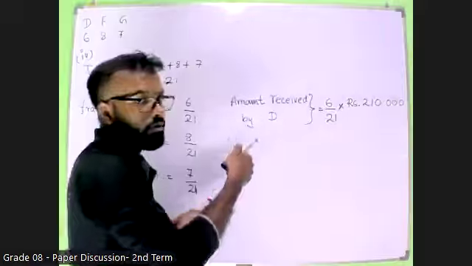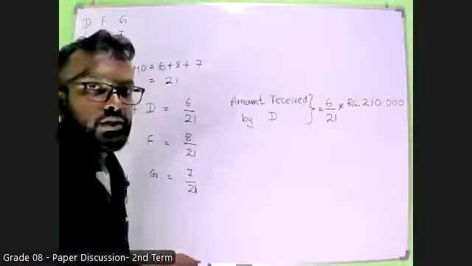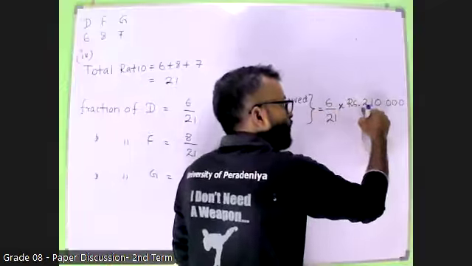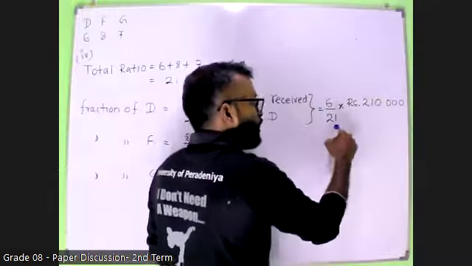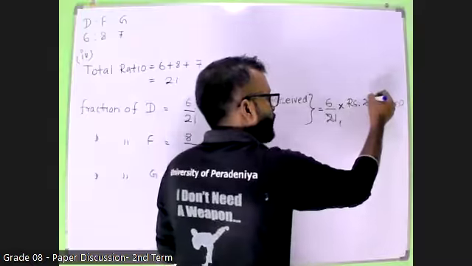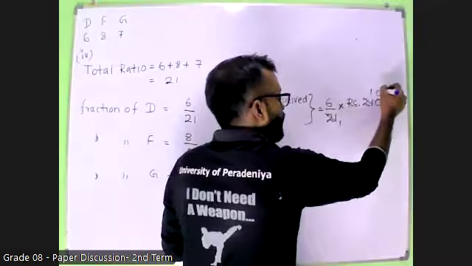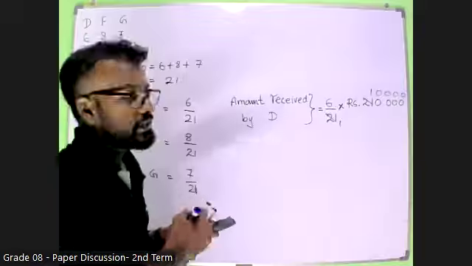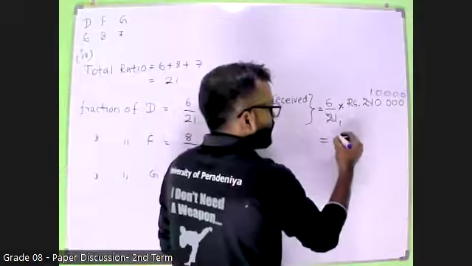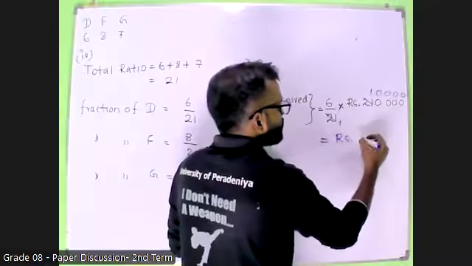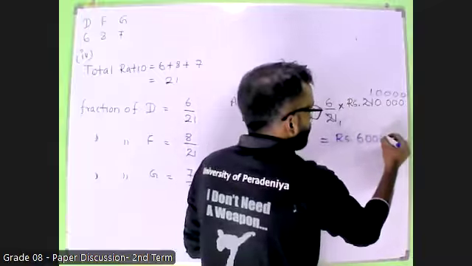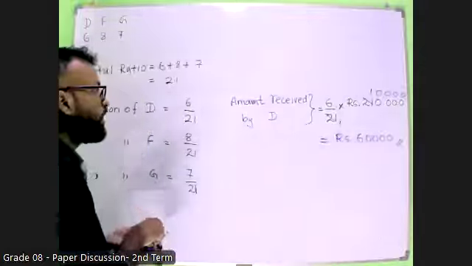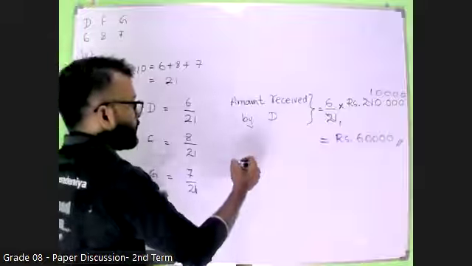Very easy, right? 21 and 21, you can simplify it. If you divide 210,000 by 21, you will get 10,000 rupees. 10,000 rupees multiplied by 6. So the final answer is 60,000 rupees.